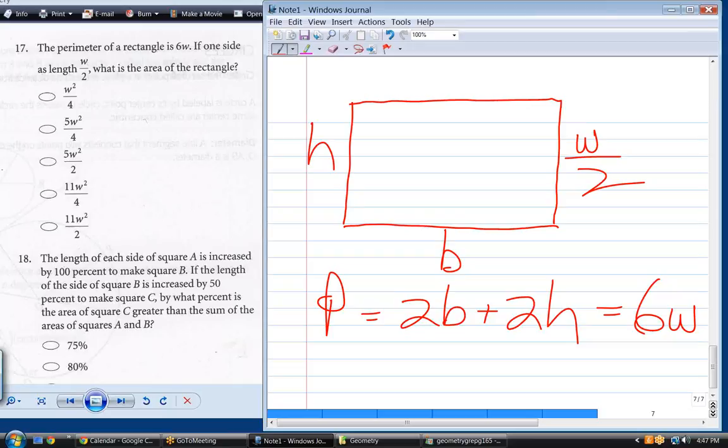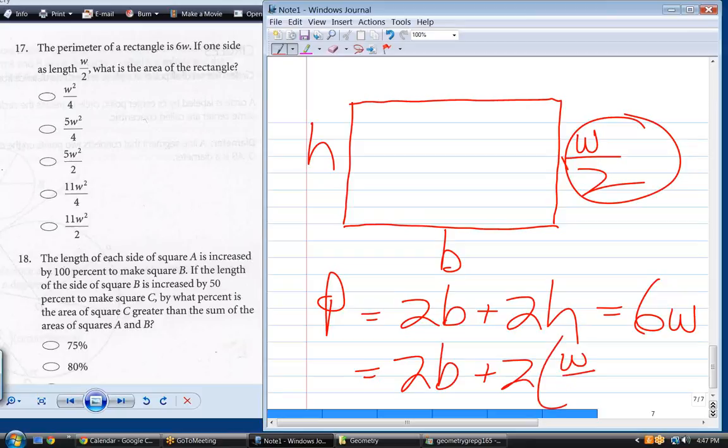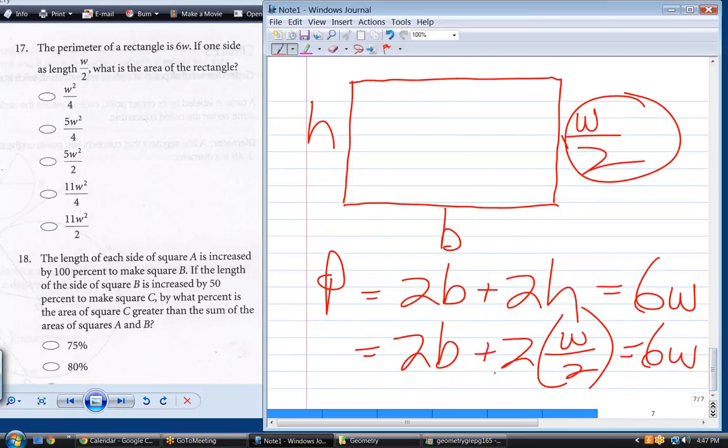In other words, I've assumed that w over 2 is h. Okay, so now we got 2 times the base plus 2 times w over 2 equals 6w. You with me? Yeah. So that means for the base, 2b equals 5w. So b equals 5w over 2.